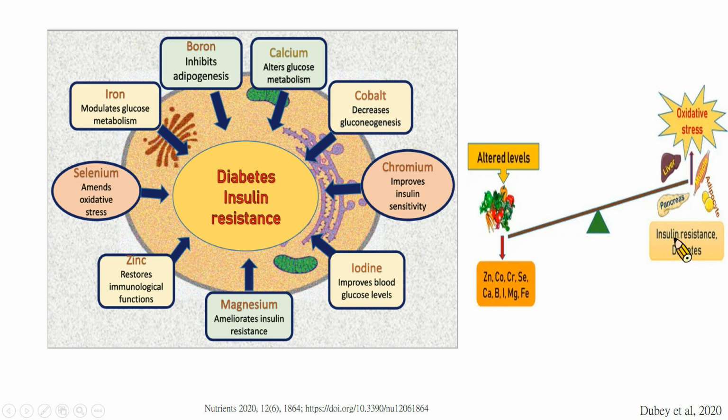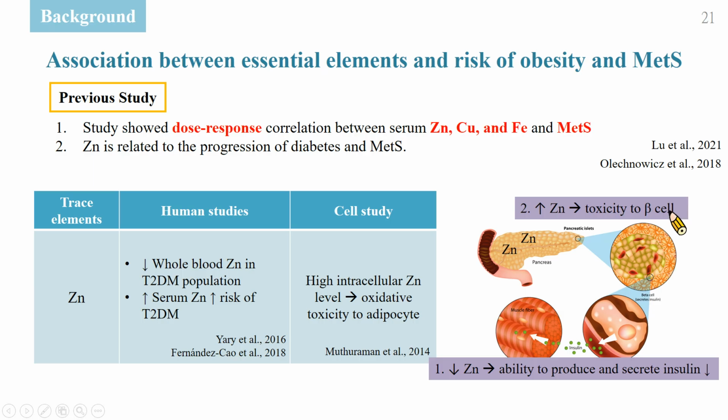And in this case, it may have adverse effects on glucose metabolism. For example, we know from human studies, animal studies, and cell culture studies that there are dose-dependent effects between essential trace elements like zinc, copper, and iron, and the risk of metabolic syndrome.